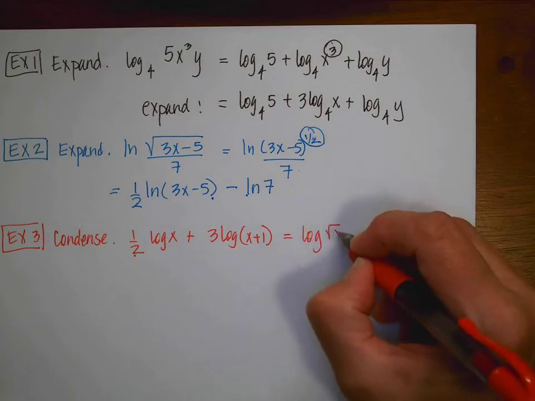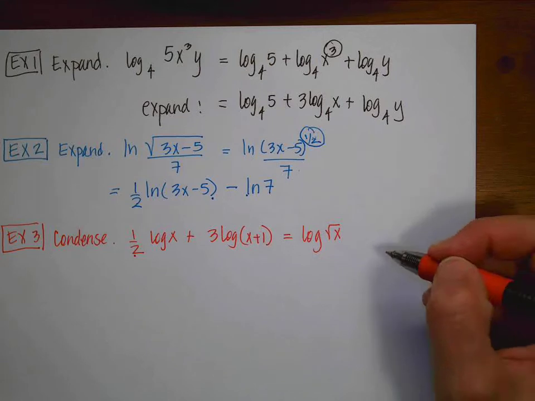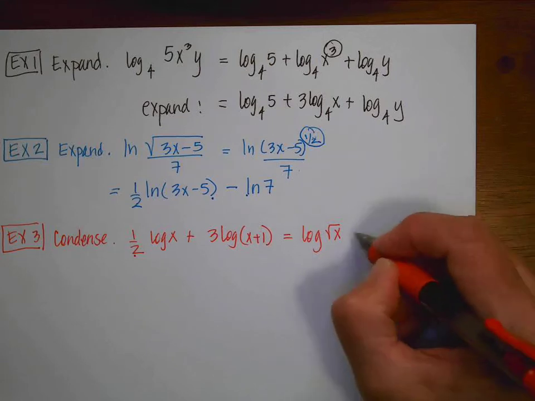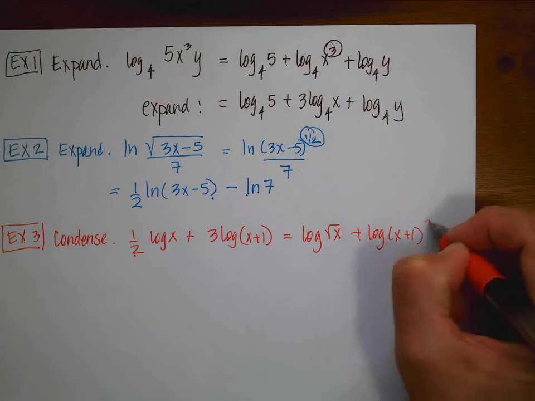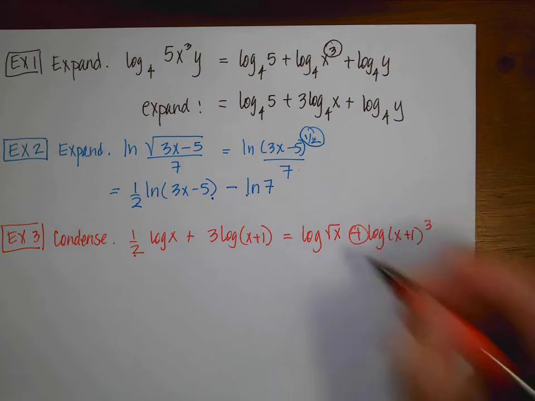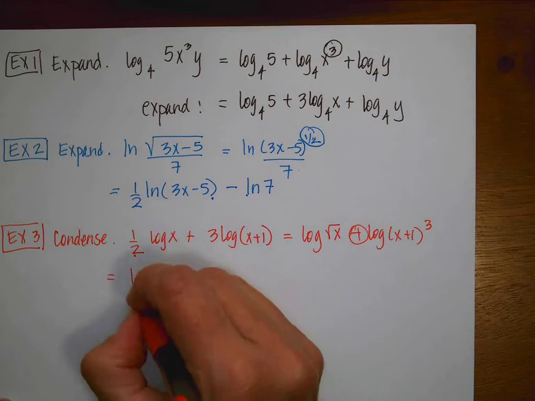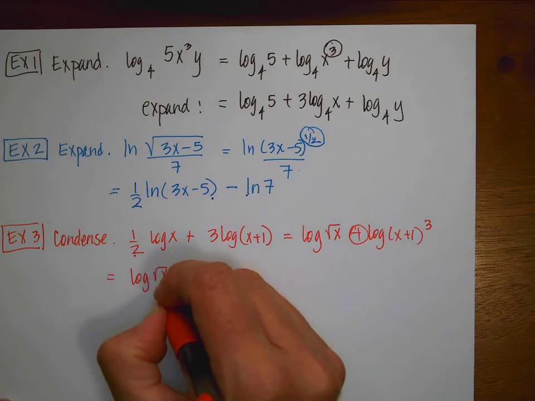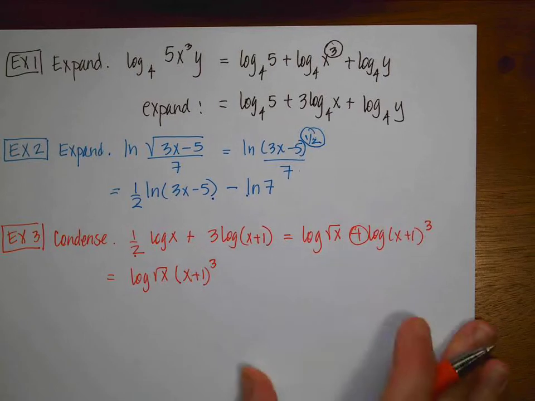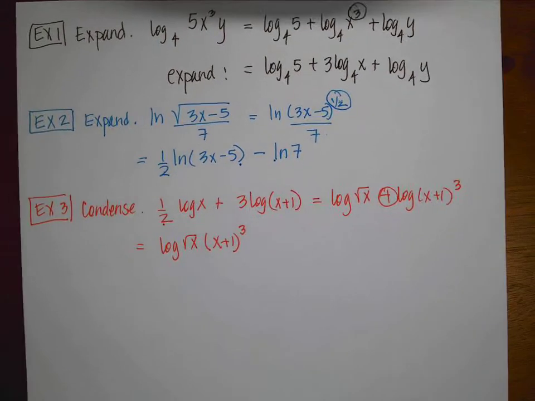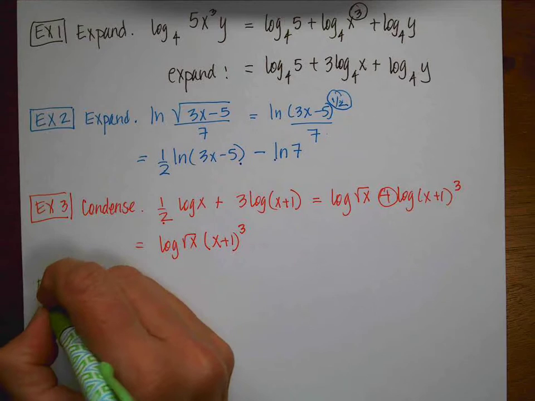So this is the log of the square root of x, because x to the 1/2 is the square root of x, plus the log of x plus 1 to the 3rd. Now I'm going to manage the plus, so this is the log of the square root of x times x plus 1 to the 3rd.